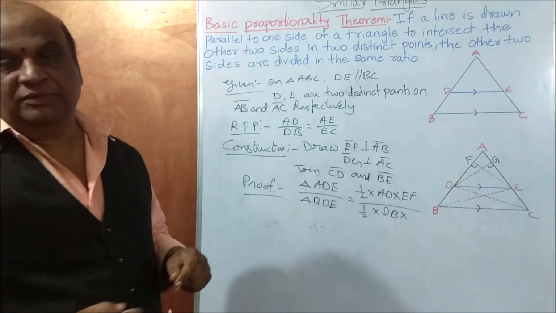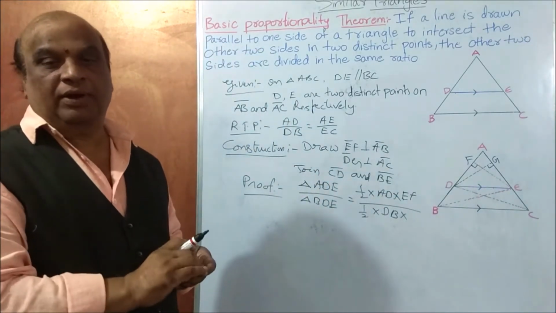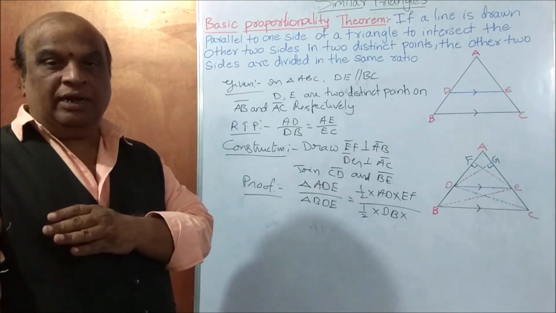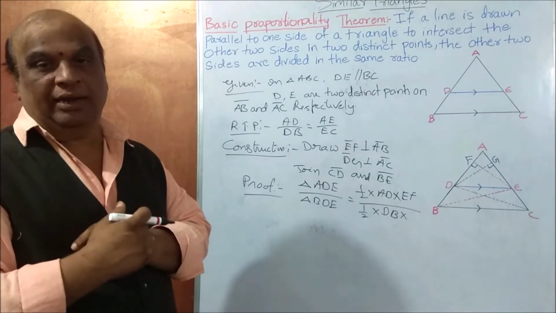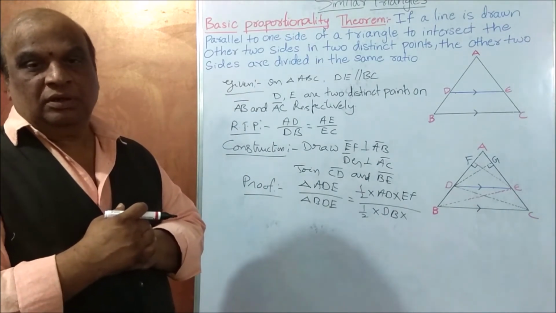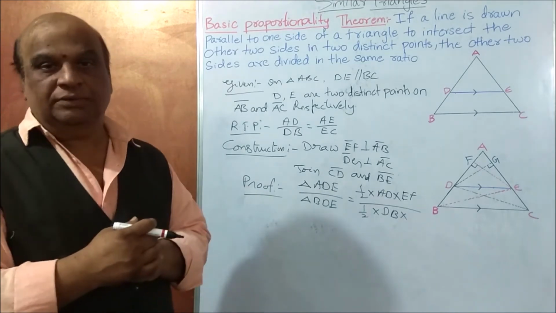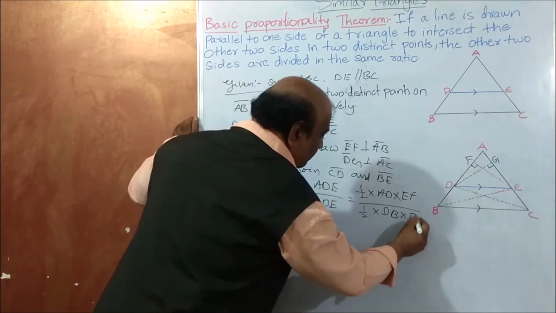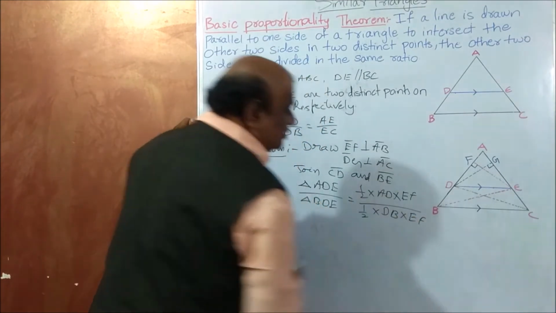This is one important point. We can produce one side and draw the perpendicular line. This is one more process. It is also called altitude. That's why EF is height.